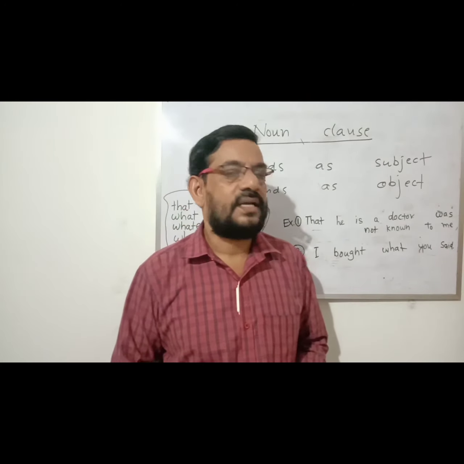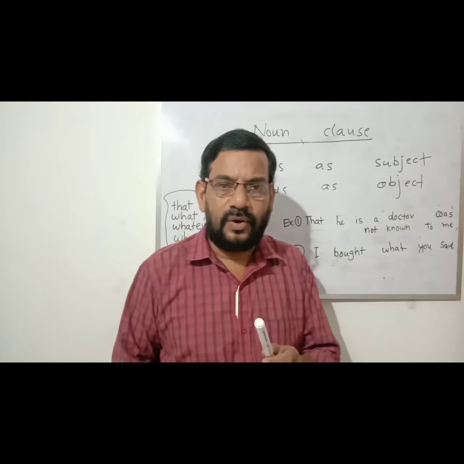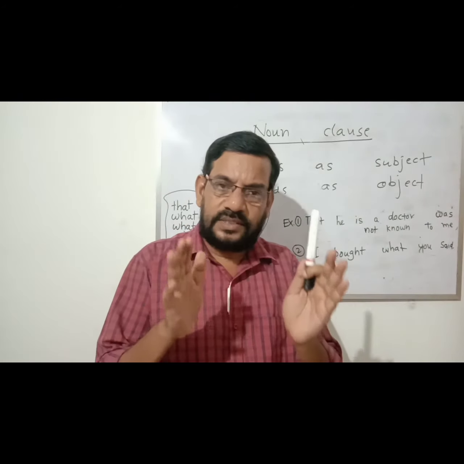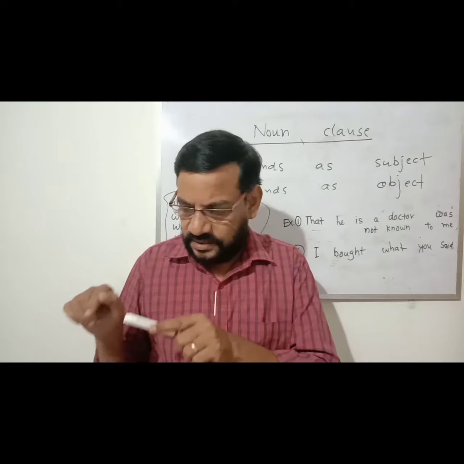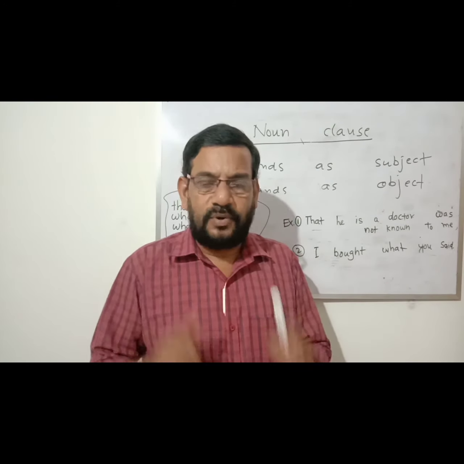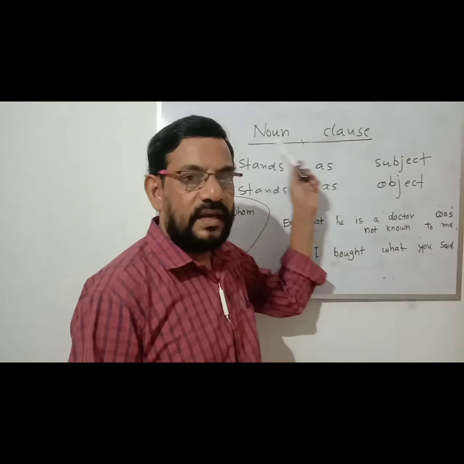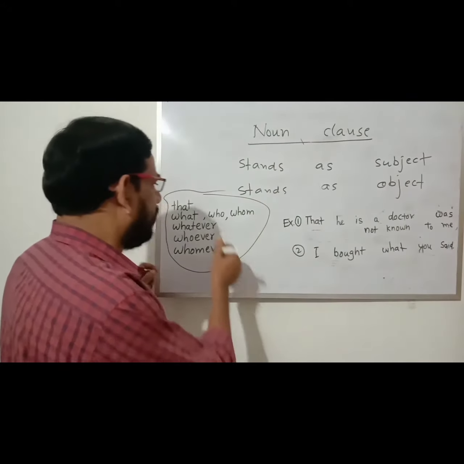So we can check some examples for that. Before that, we should know, whenever we make a noun clause, we know that a noun clause is a subordinate clause. A subordinate clause must start with a subordinating conjunction. So what are the possible subordinating conjunctions we can use to make noun clauses? I have written the group of words here.